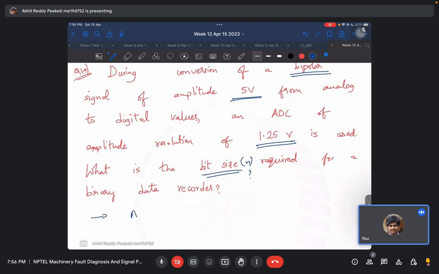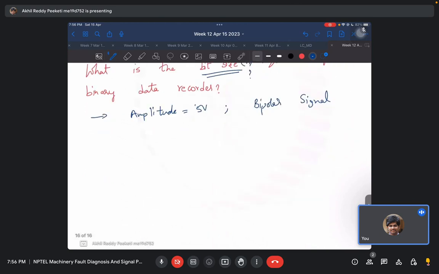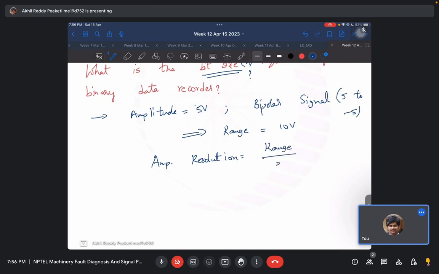So we are given amplitude as 5 volts and bipolar signal. So the range would be 10 volts. Bipolar, so 5 to minus 5. So the range is 10 volts. Now the amplitude resolution is range by 2 power n, given as 1.25 volts.